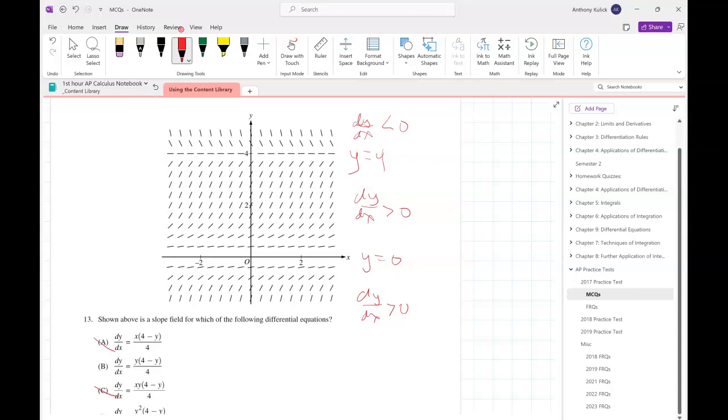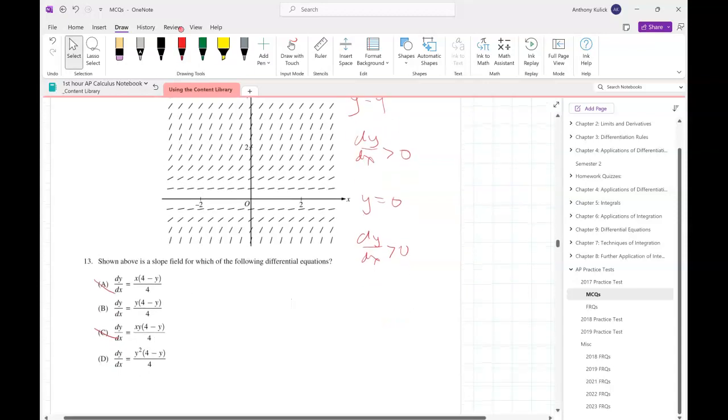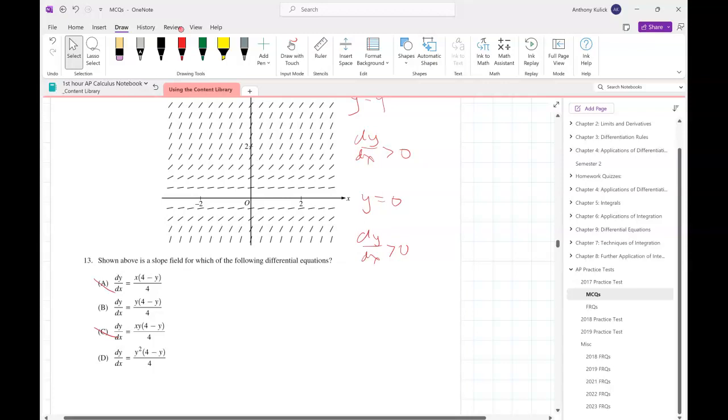So to tell the difference between the two that I have remaining, I'm just going to pick any point in that region and check to see if it satisfies only one of them. I think it's the region down here that's the only one that's going to give you an issue.